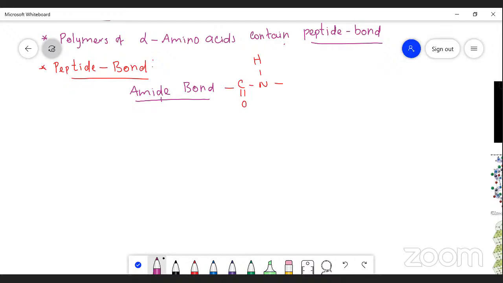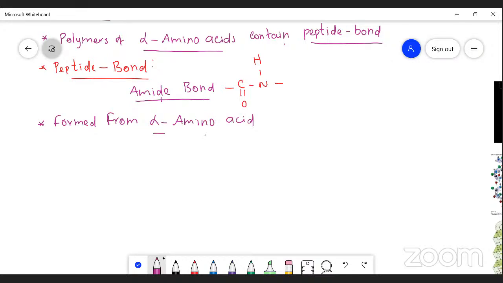These are polymers of alpha amino acids, and from the amino acids we make the amide bond.